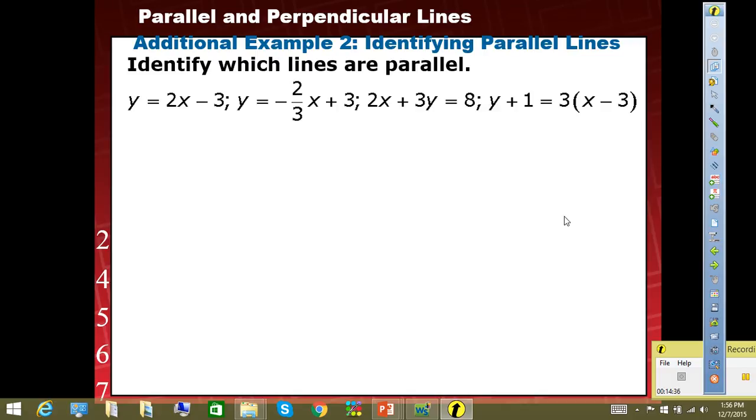Solve for y and write the equation in slope-intercept form. So look at the first equation. Is it solved for y? Yes. Is it slope-intercept form? Yes. Second equation, is it solved for y? Is it slope-intercept form? No. The third one, is it solved for y? No. So let me zoom in on that one so we can solve for y. We're going to do this one together.